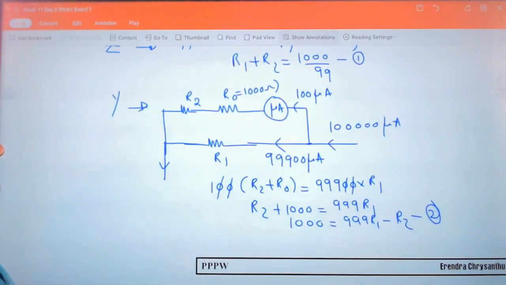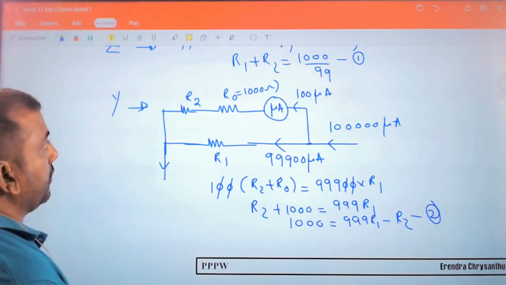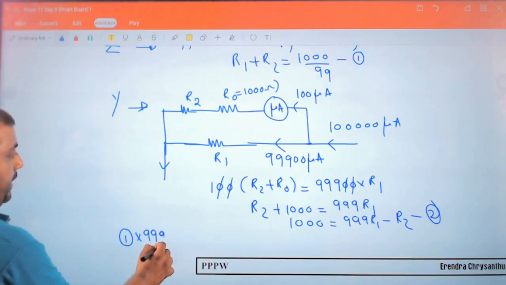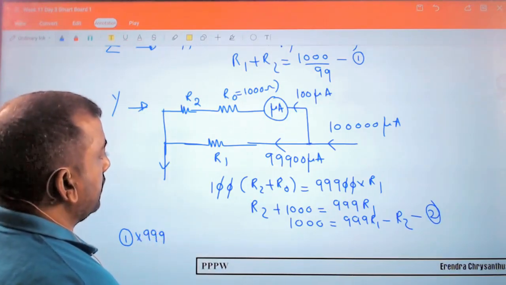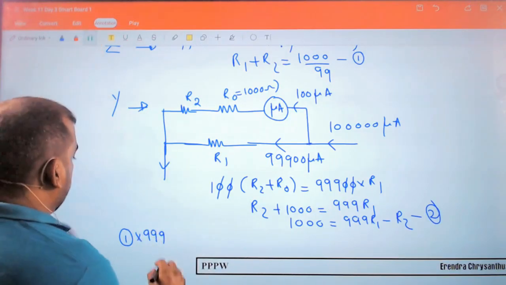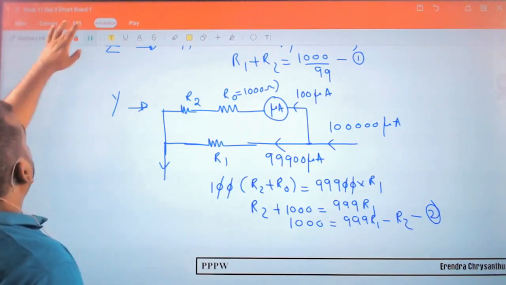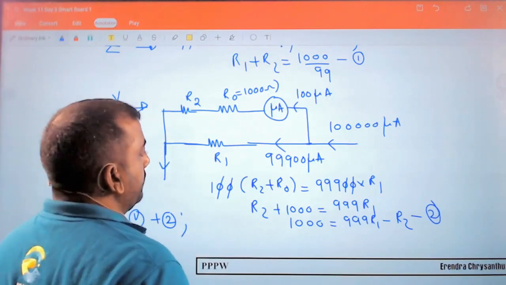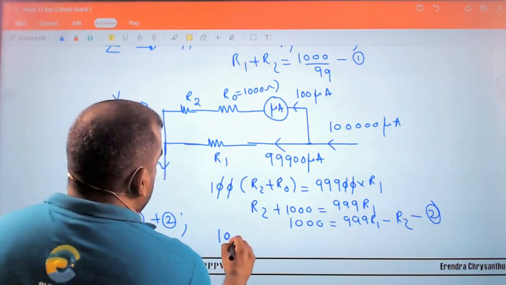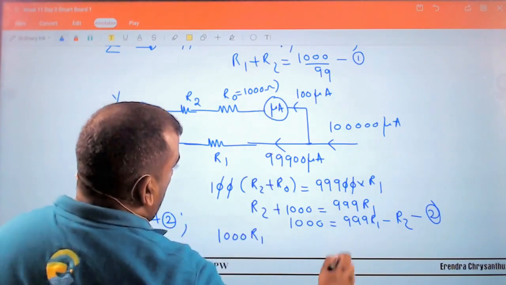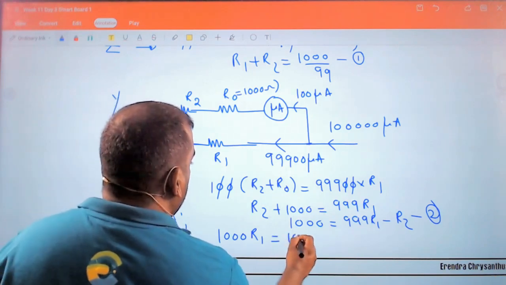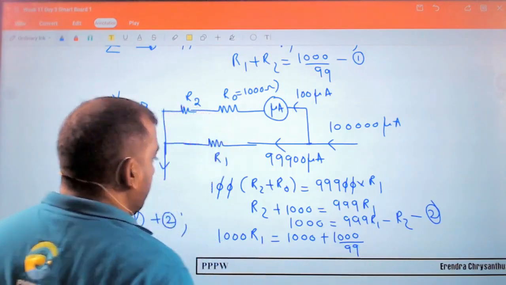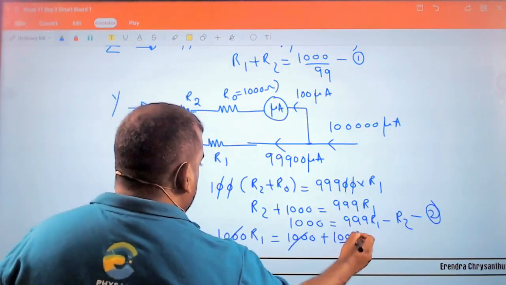So you have two equations. Now solve simultaneously. First one multiplied by 999. Oh, no, sorry. Or you can just add them, easier. Equation 1 plus equation 2. Here 1000 R1. R2 minus R2 cancel off. 1000 plus 1000 divided by 99. All the thousands cancel off.